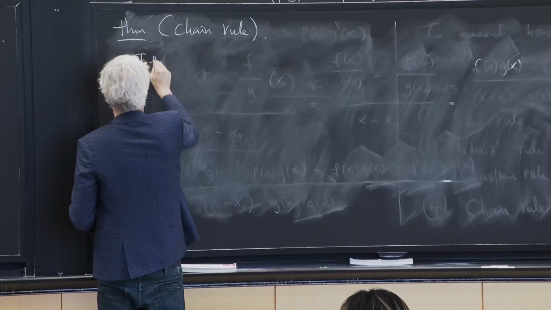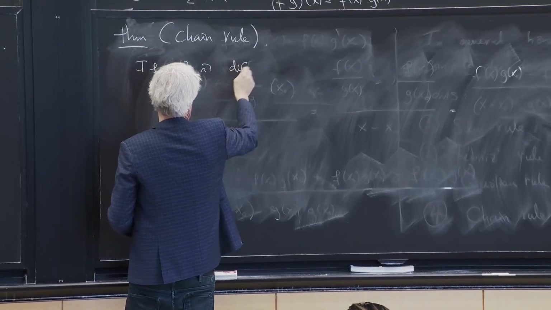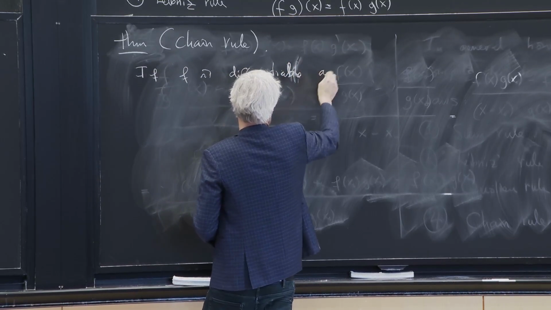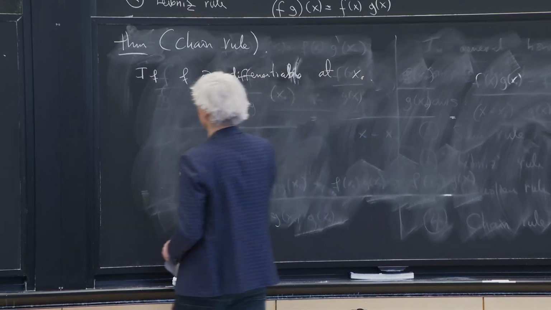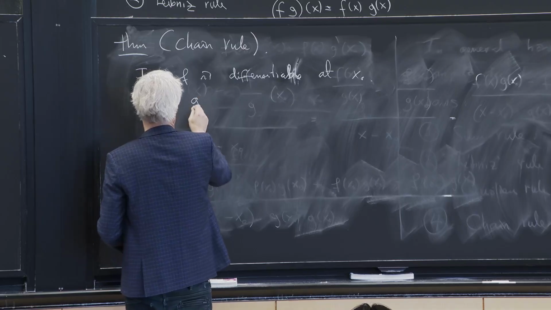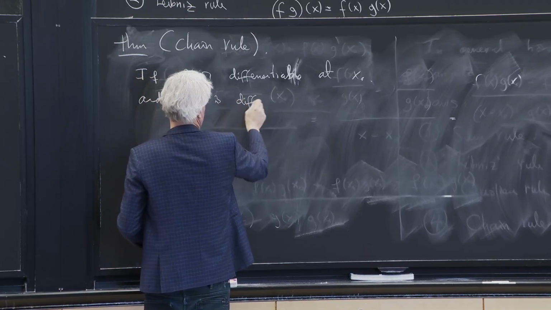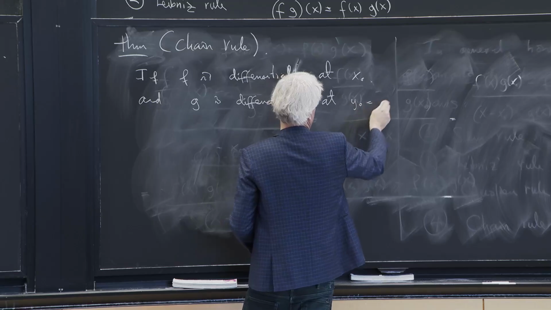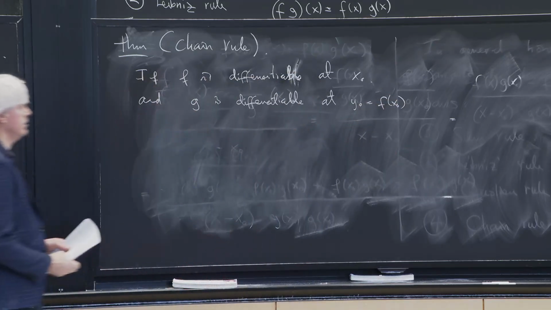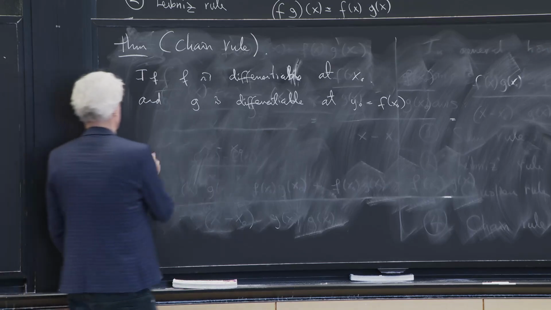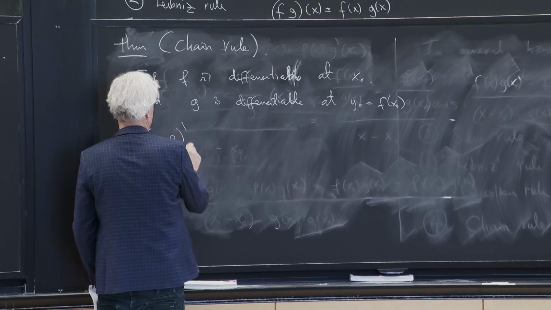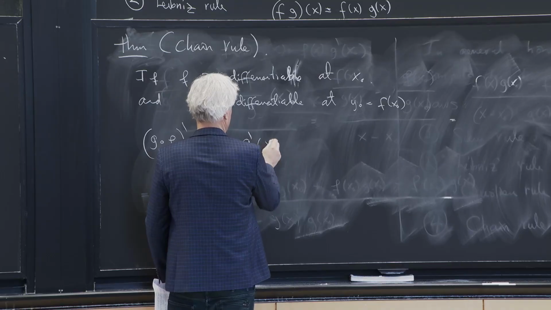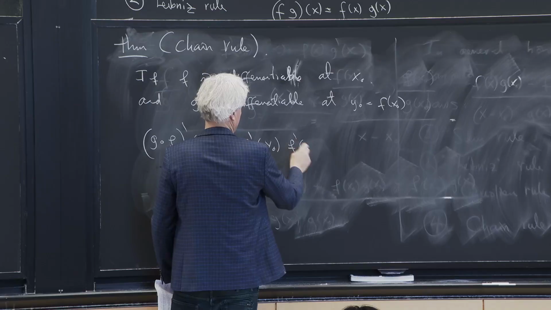If f is differentiable at x0 and g is differentiable at y0, where y0 is equal to the value of f at x0, then the composition of these two functions is differentiable at x0, and the derivative is equal to the derivative of g at y0 times the derivative of f at x0.